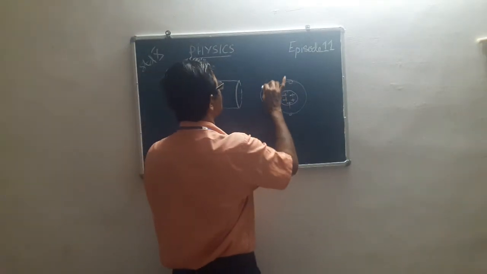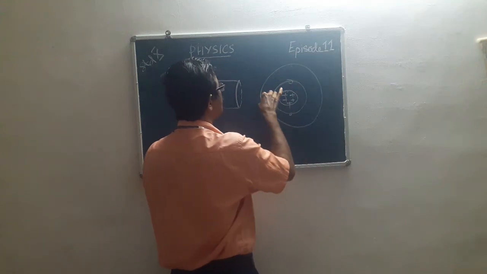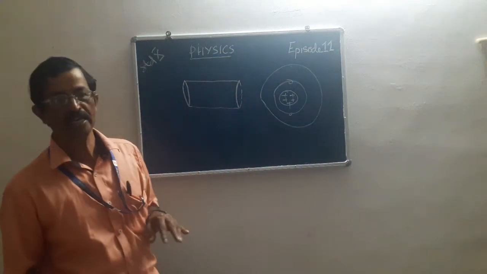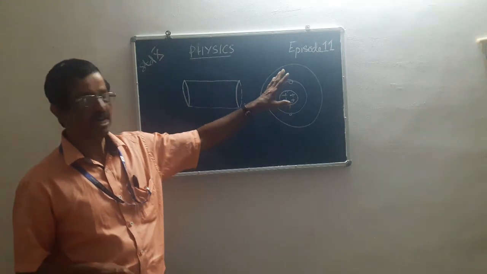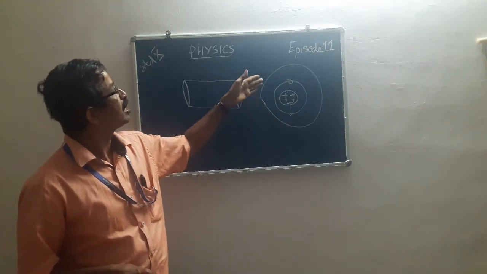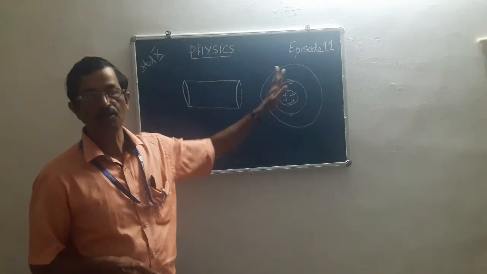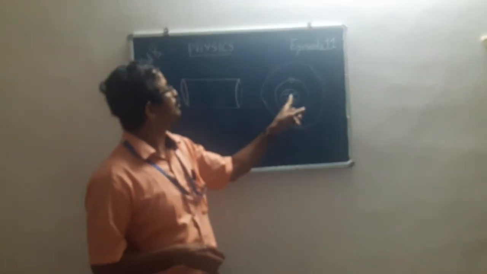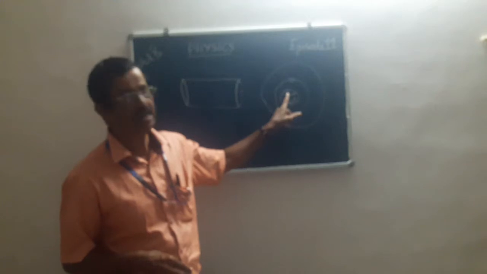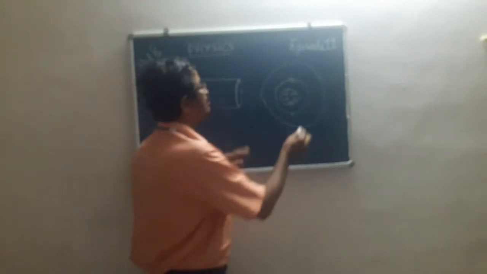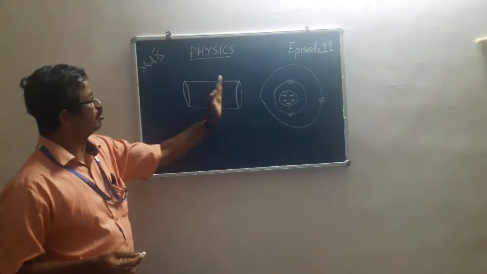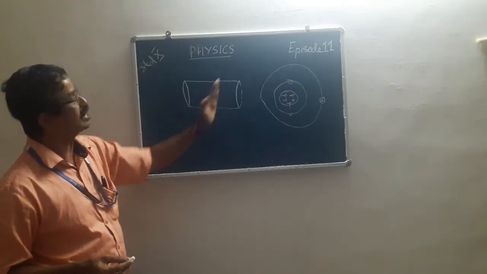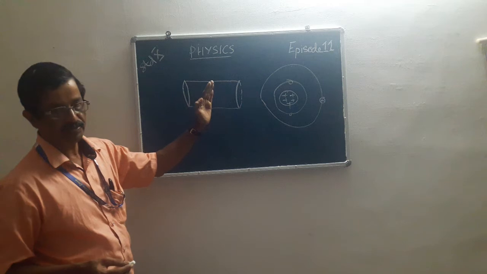The electrons in the outermost shell are called valence electrons. In a metal, these valence electrons are free to move because the force of attraction between the nucleus and the electron is very small. So the electron can move through this conductor.